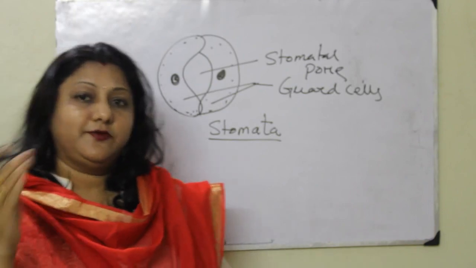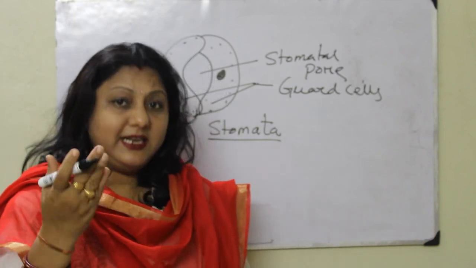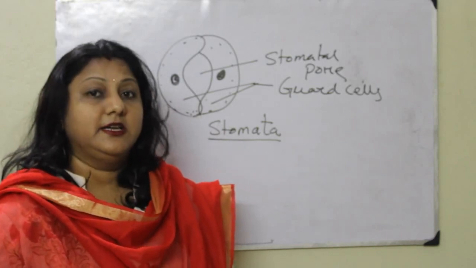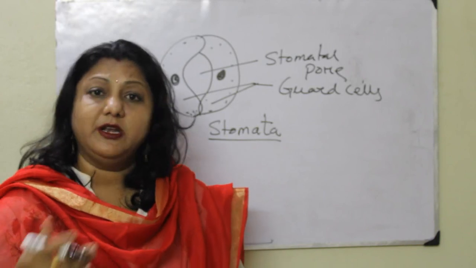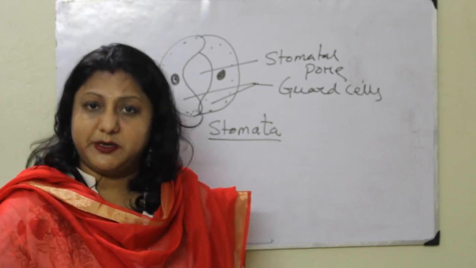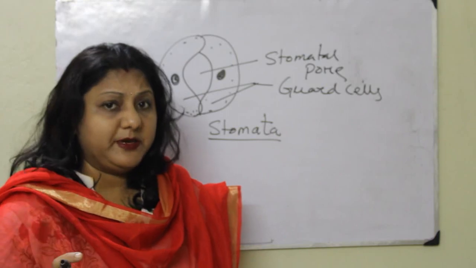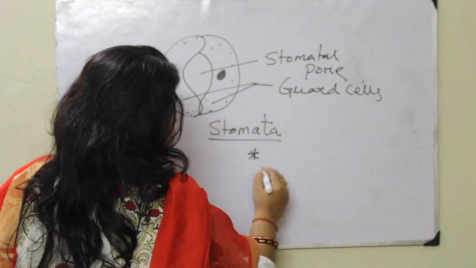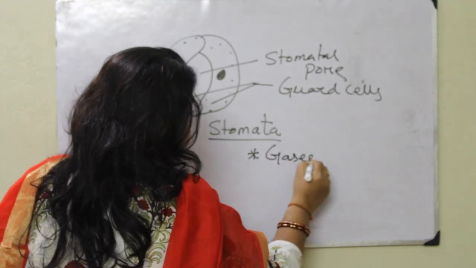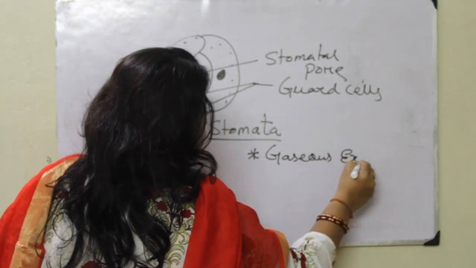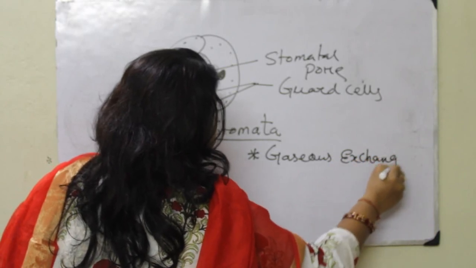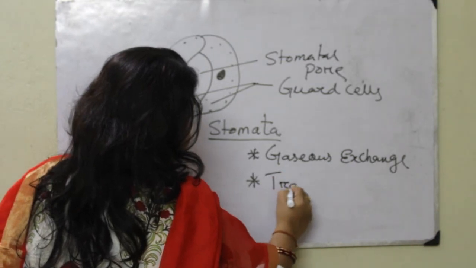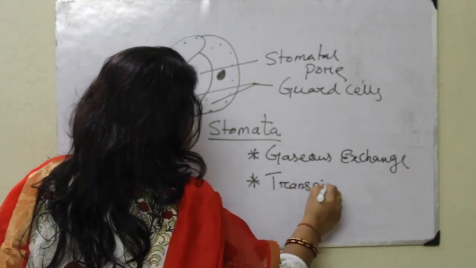So first of all, before going into that, let us first understand why there is a need for opening and closing of stomata. Stomata cannot be open all the time because it has got a purpose. The first function of the stomata is gaseous exchange, and the second most important function is transpiration.